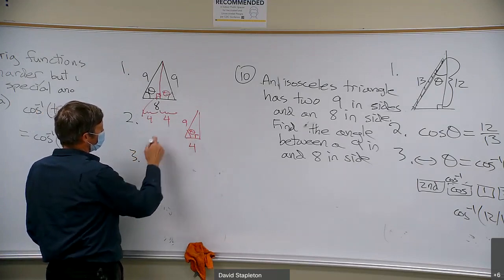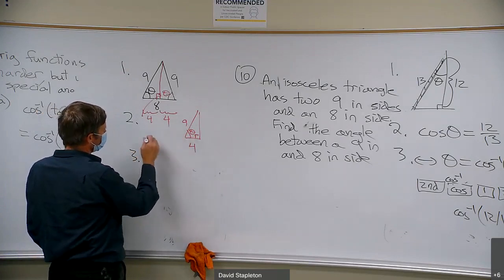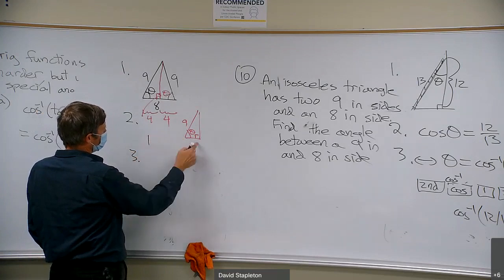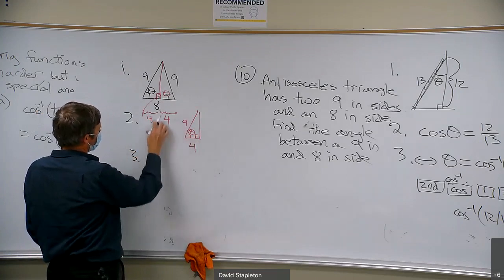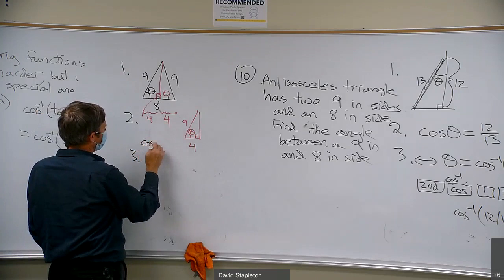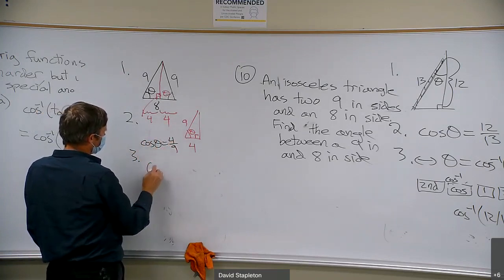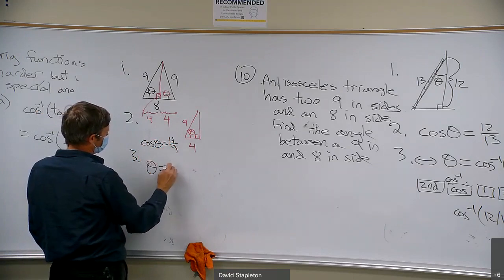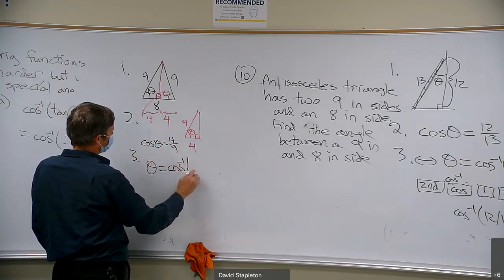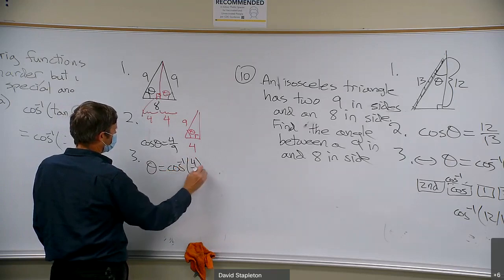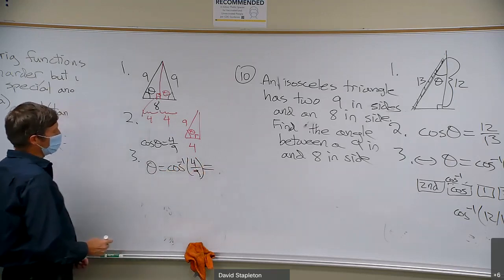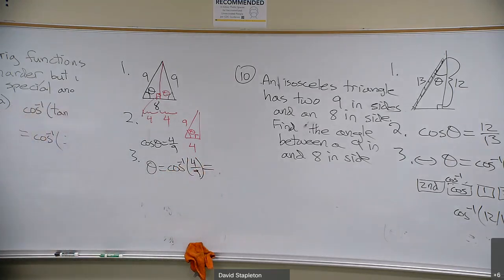The relation between these now is adjacent over hypotenuse. So I'll say the cosine of theta is 4/9. So I say solve this, theta equals inverse cosine of 4/9. And I just have to calculate that. Since 4/9 doesn't come from a special angle, just looking, is it square root 2 over 2? Is it a half?